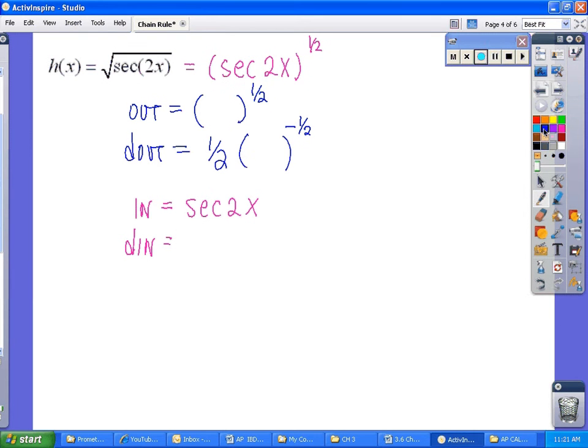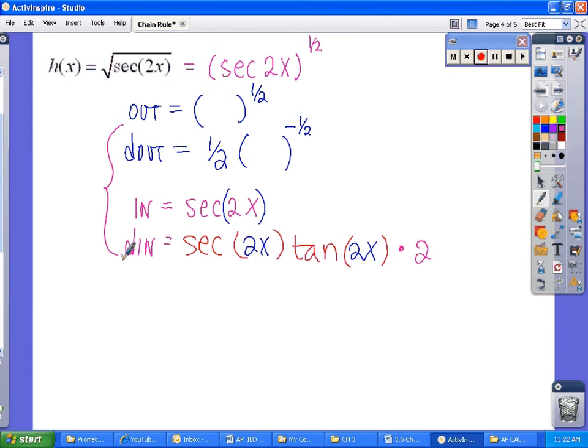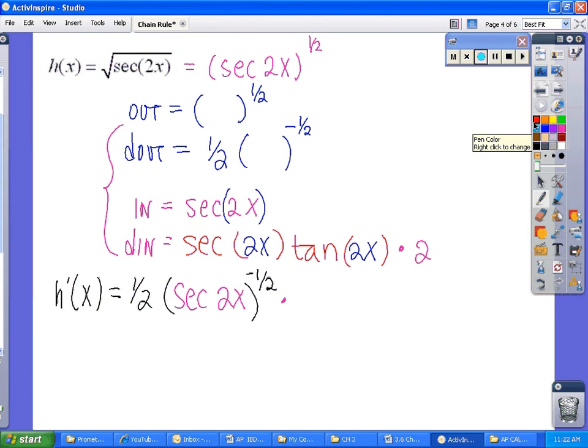So, derivative of my outside. Leave my inside exactly the same as you saw it before. Multiply by the derivative of my inside, which is just 2. And these three together make our derivative. The derivative of my outside, leave the inside exactly the same, multiply by the derivative of my inside, and I'm going to pull this 2 out front, then put secant of 2x, tangent of 2x.